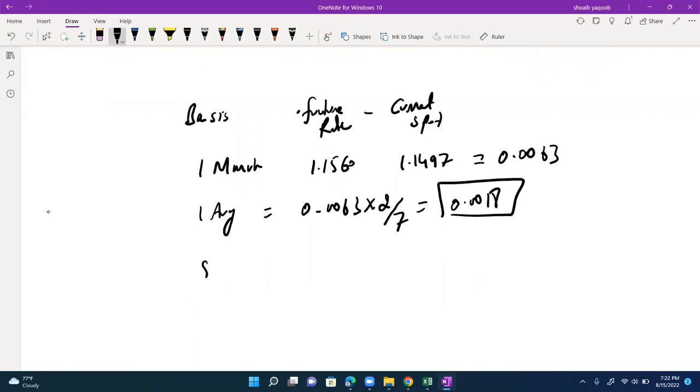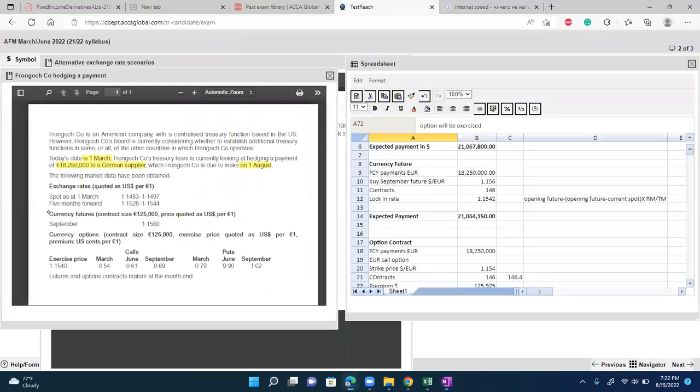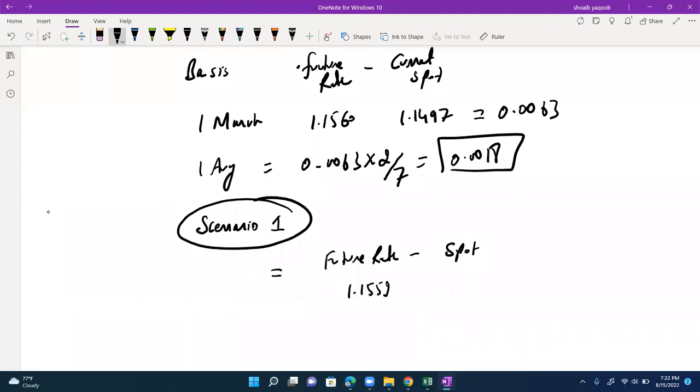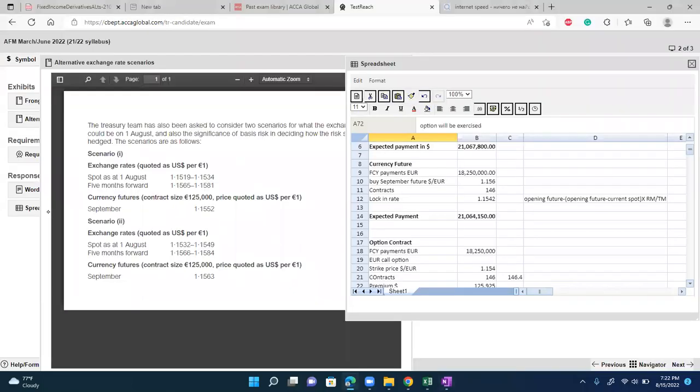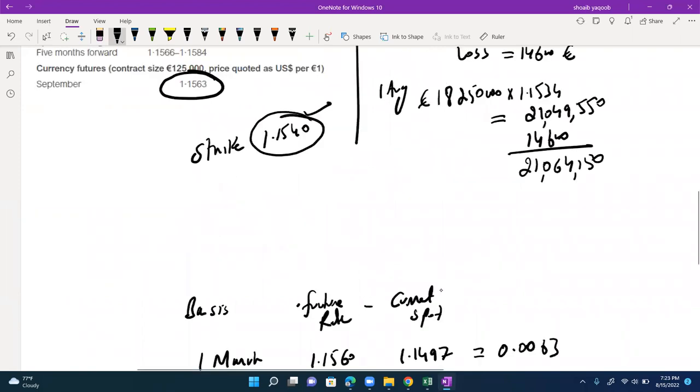Okay, what happened? Scenario 1: the future rate is 1.1552 and the spot is 1.1534.